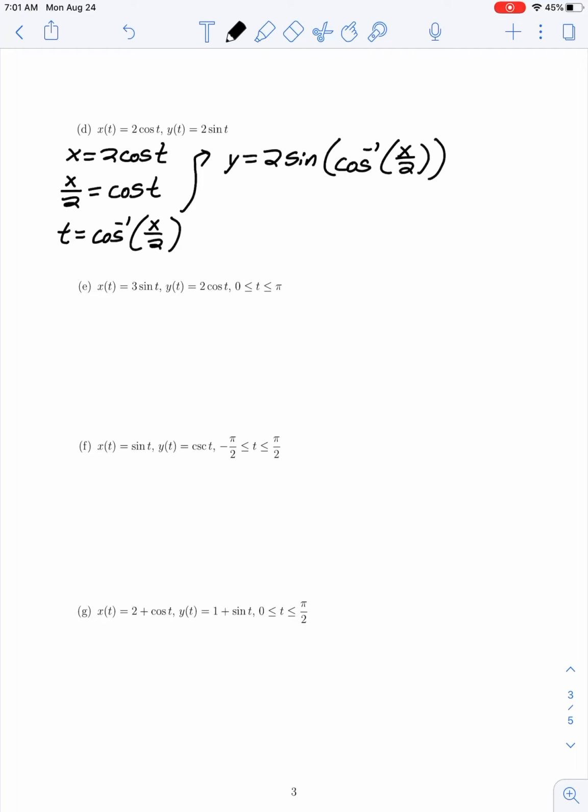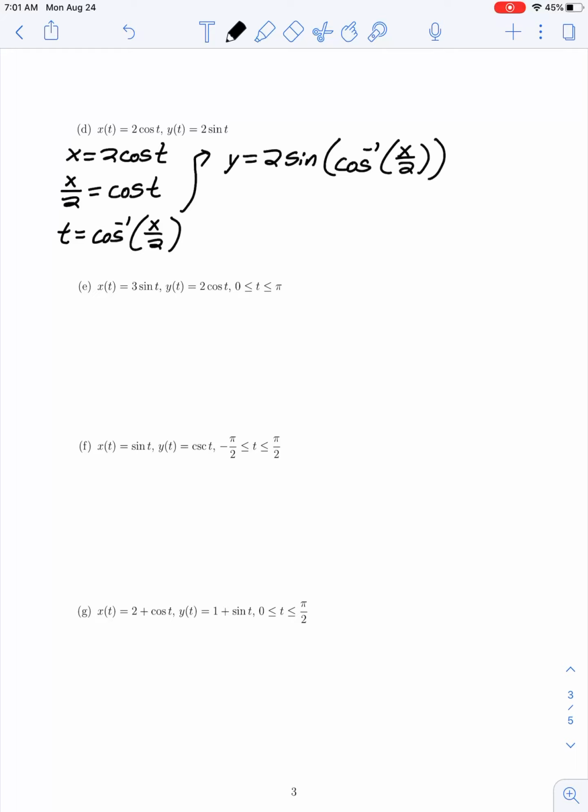So here we have x and y defined as 2 cosine t and 2 sine t. So let's think about relationships between these trig functions, sine and cosine, that we're a little more familiar with.